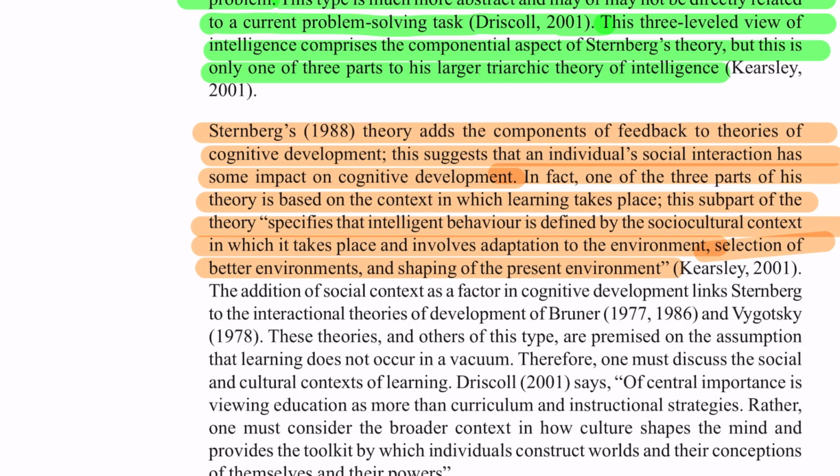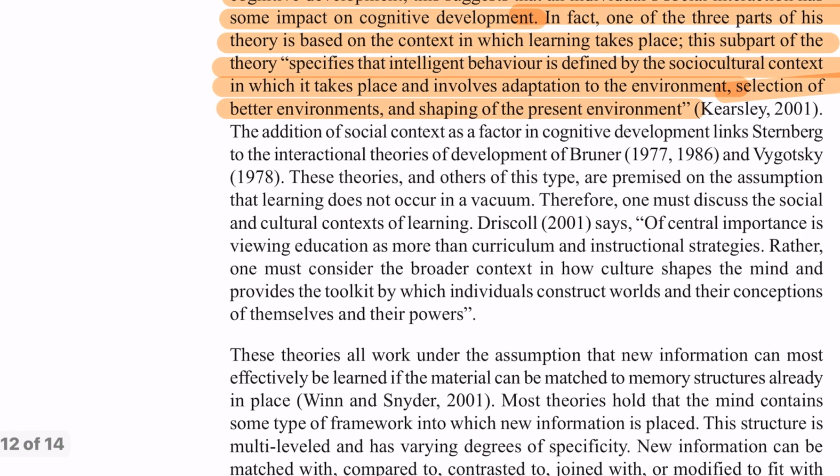In addition, social context as a factor of cognitive development extends to the interactional theories of Bruner and Vygotsky. On this basis Vygotsky and Bruner developed their theories, and these theories are premised on the assumption that learning does not occur in a vacuum.